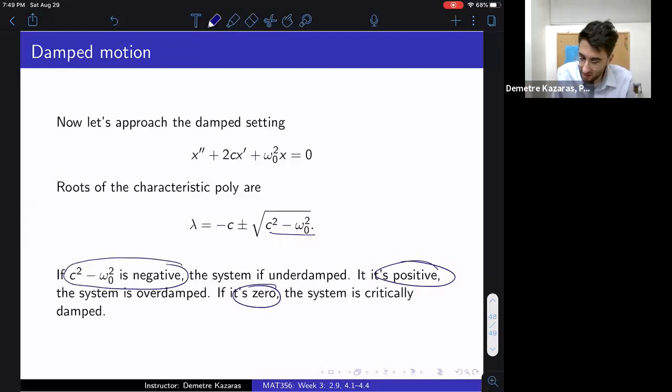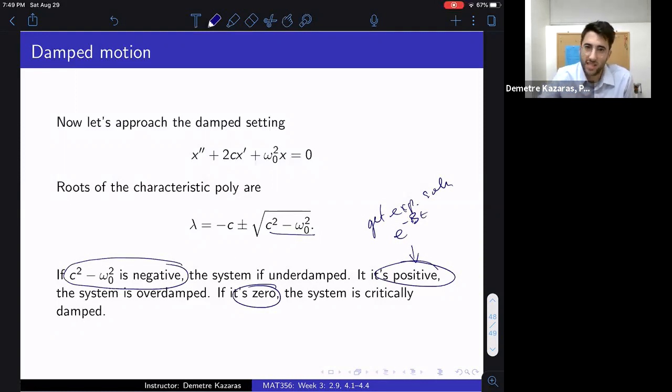Okay, if what's under the radical is positive, then you get exponential solutions. e to the minus b times t, where b is a positive number.